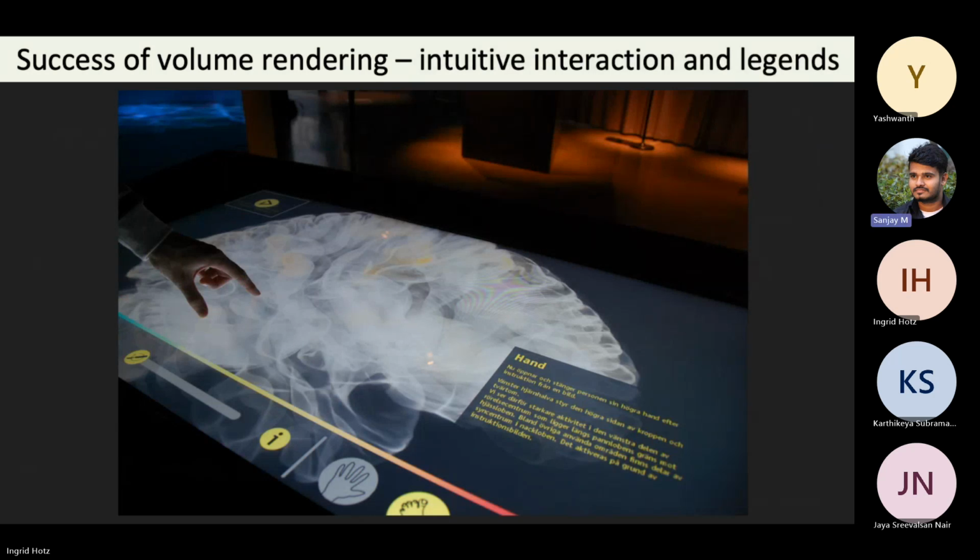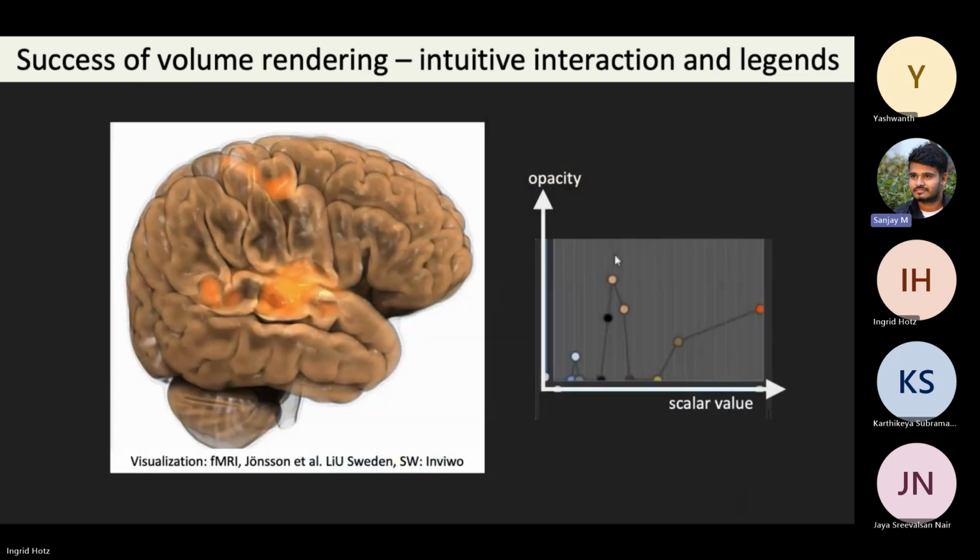Interaction is also important. It's again a picture from our museum installation. People explore a brain, so fMRI, and we allow people to interact with the transfer functions themselves. What you see here is a simple editor for a transfer function where you have a scalar value here and you assign opacity.